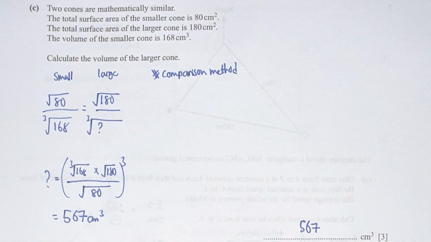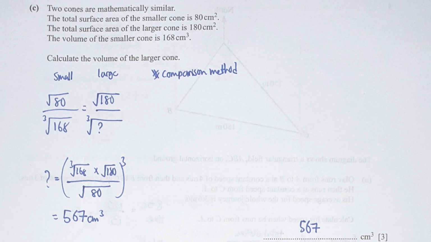Question C, okay, assessing you on the mathematically similar concept. So for surface area, you're required to square root them, and for volume, you're required to cube root them. The method in the mathematically similar topic that I'm using is the comparison method.